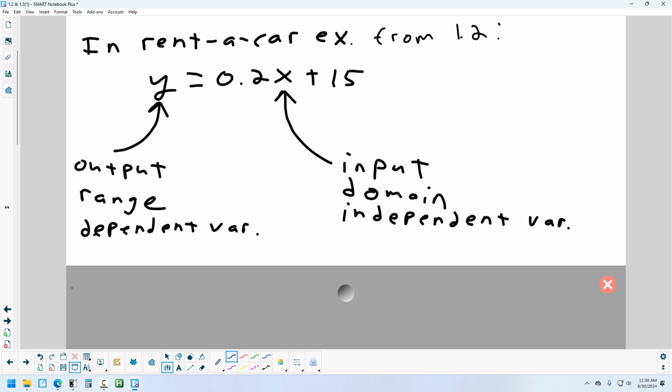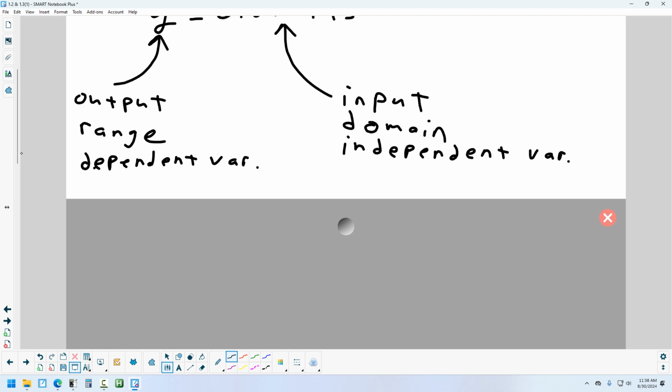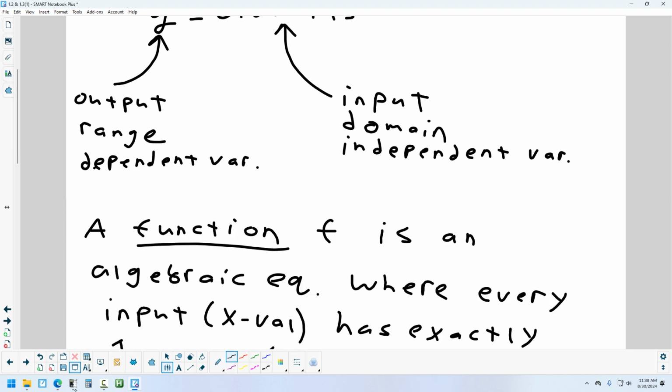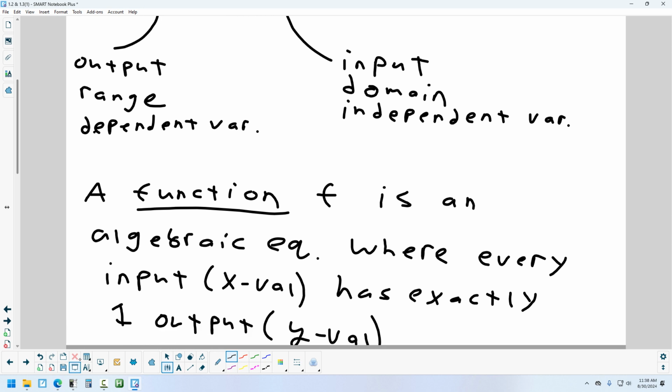Now, there's a lot of different graphs you can do. You can draw lines, you can draw parabolas, but not every graph that you make is what's called a function. Okay? Some people learn what is and what isn't a function using something called the vertical line test.